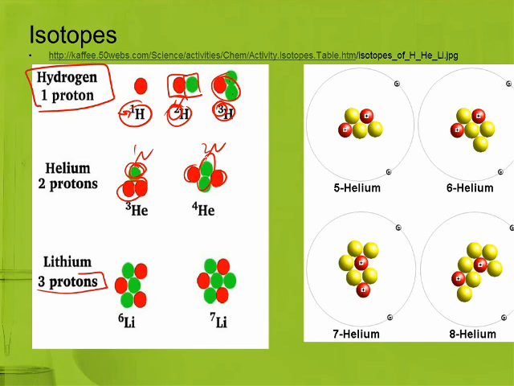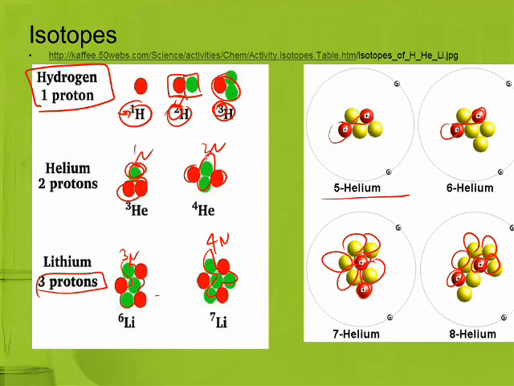Lithium with 3 protons, always 3 protons, but they differ in the number of neutrons: 3 neutrons here, 4 neutrons here. All right, another one, let's look at another view of the helium. The isotopes of helium, all helium has 2 protons, always, always. They just differ in neutrons.